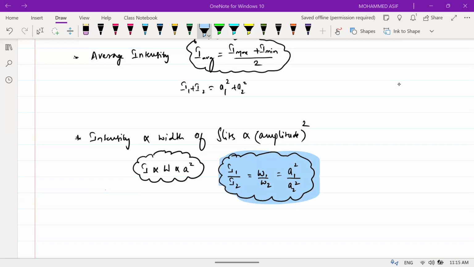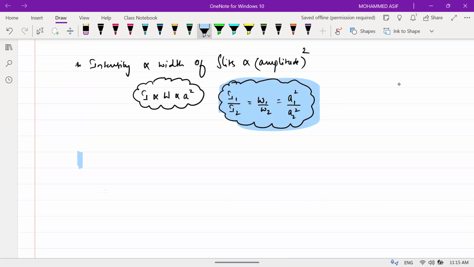And one more important one. What is the ratio of I max and I minima? I max divided by I minima is equal to root of I1 plus root of I2 whole square divided by root of I1 minus root of I2 whole square.